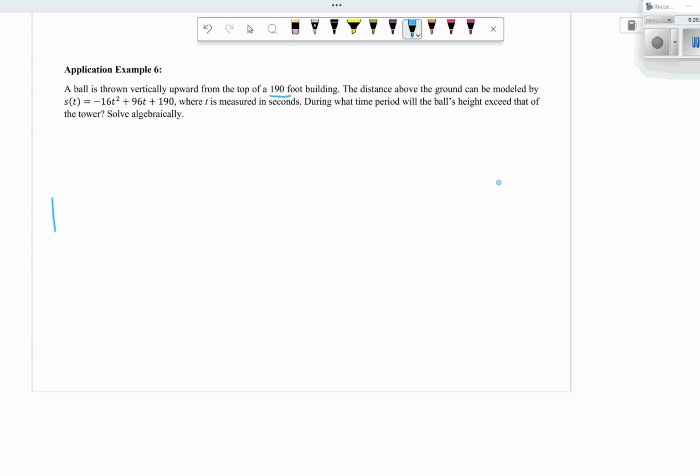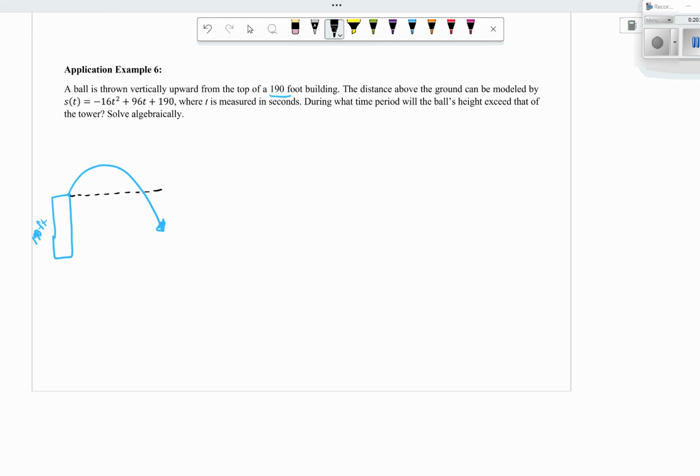So we have some tower here, which is 190 feet above ground, and we're throwing a ball vertically, right? We're trying to figure out when the ball's height exceeds that of the tower. So that means above 190.